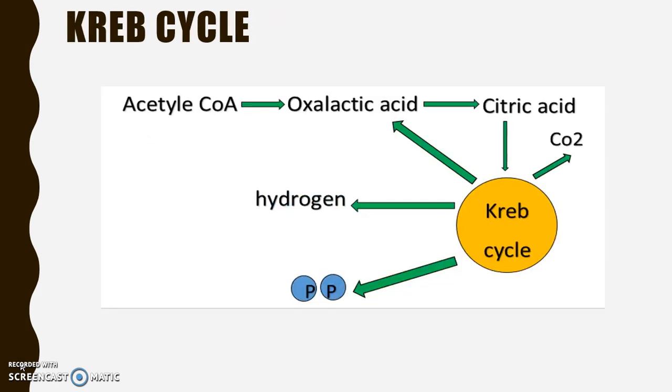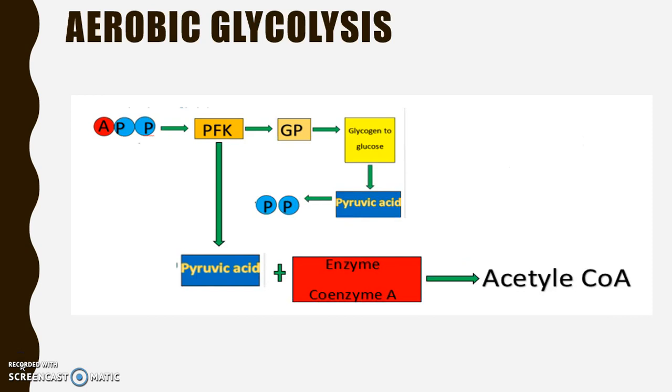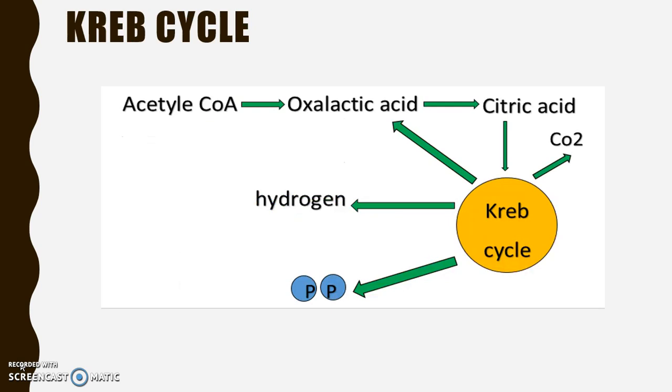The Krebs cycle. During aerobic glycolysis, the aerobic system can run out of glycogen from the muscles, so fat can also be used. The lipase breaks down the fatty acids into acetyl coenzyme A, which enters the Krebs cycle. The Krebs cycle takes place in the mitochondria.